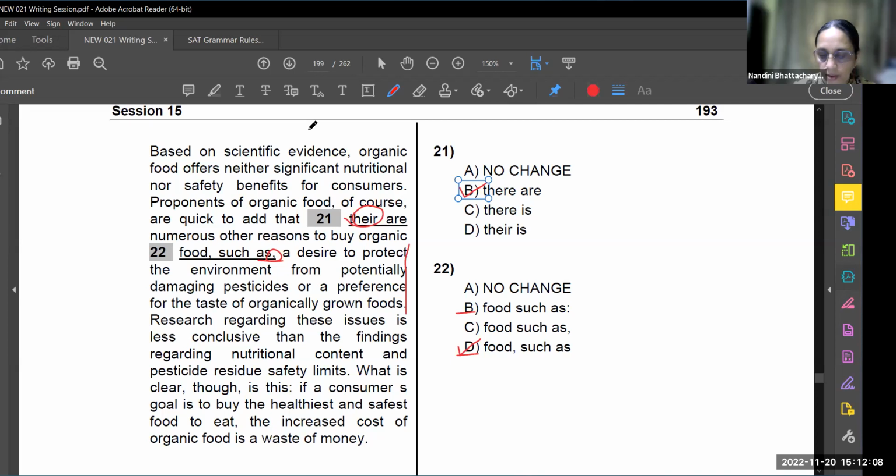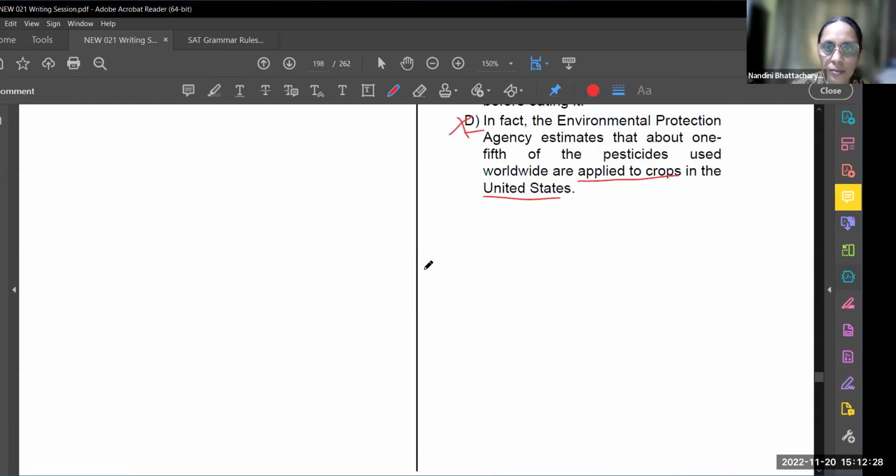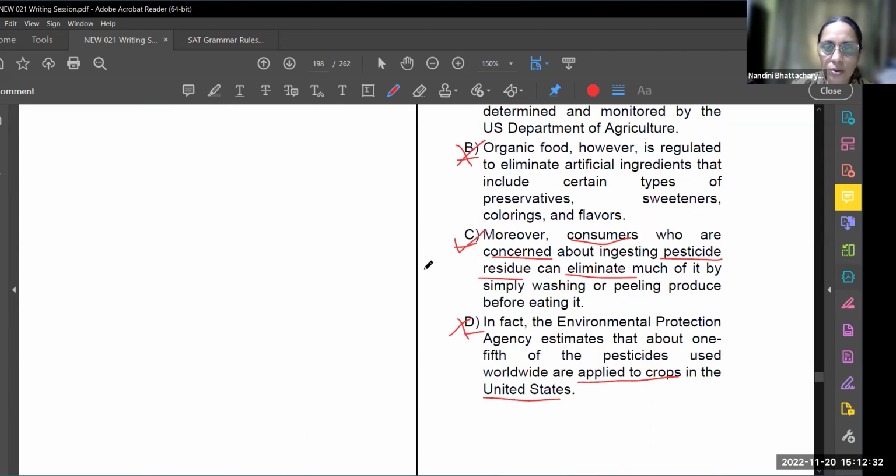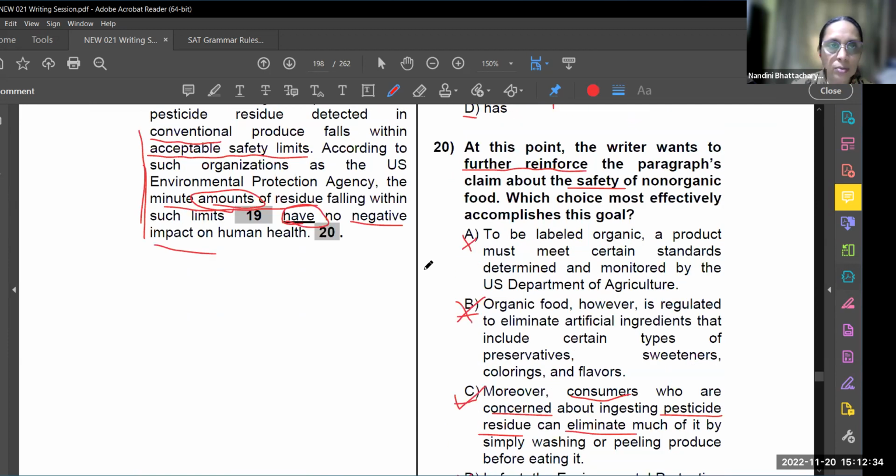It may happen that two options may be correct, but only one of them fits in grammatically. So I think for question number 18 and 20 we had a little bit of a problem. We had a whole lot of answers for 20. Now you are clear how you are going to eliminate the wrong options?